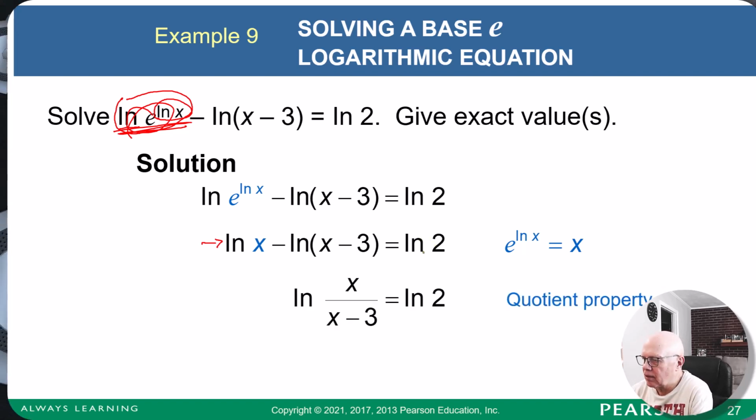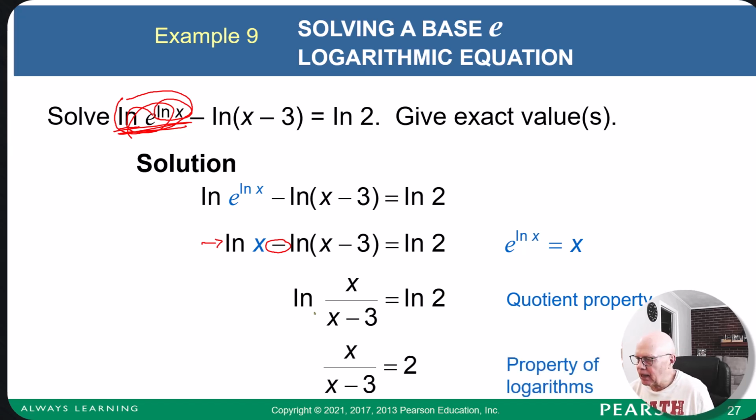So, natural logarithm of those two, we're subtracting exponents. Logarithms are exponents, so we're dividing, and we have that natural logarithm on both sides. Now we'll take e to that power, or the inverse, and we have x over x minus 3 equals 2, and that's pretty easy to solve, right?